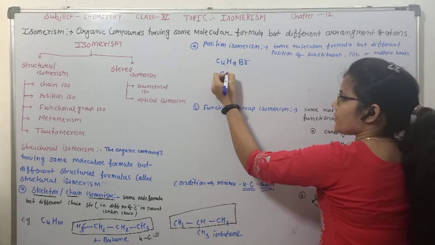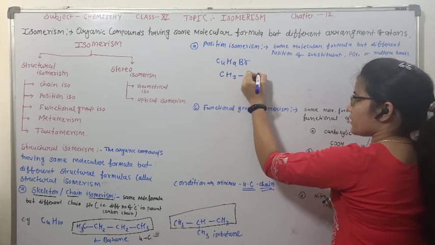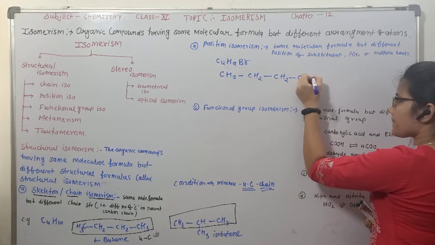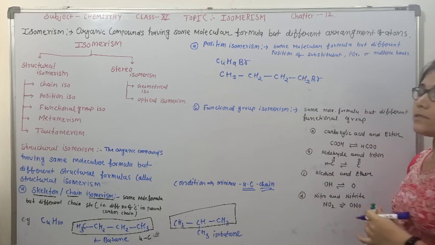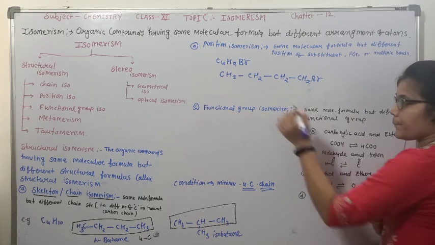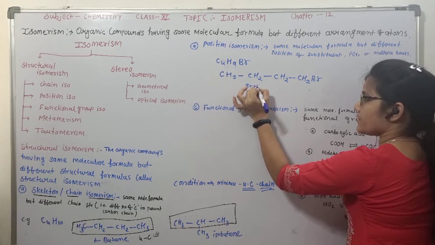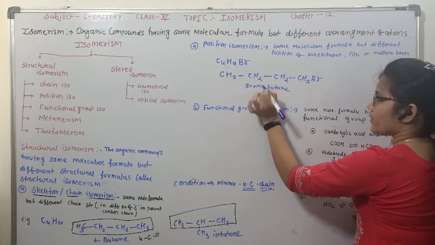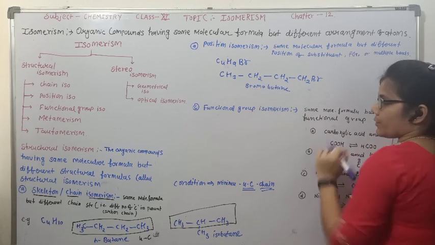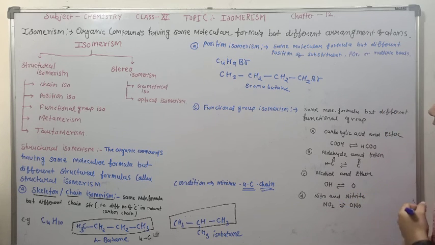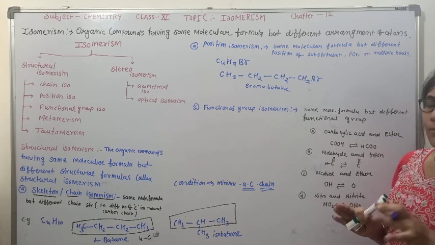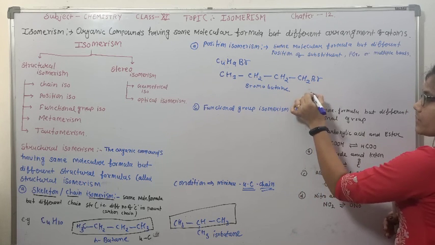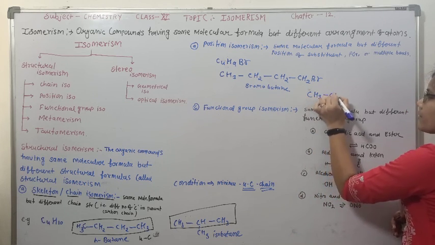So for this molecular formula, I will draw the structure like this. What is this? This is 1-bromobutane. Now, don't change the number of carbons in the parent chain. So position isomerism is what?